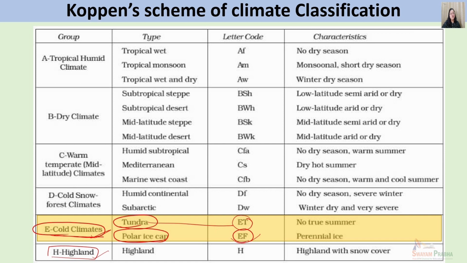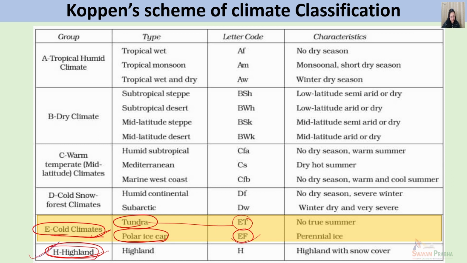But in order to distinguish between the cold areas of the polar regions and the cold areas due to elevation even in the lower latitudes, another category was created much later on during the revision phase of Koppen's classification.